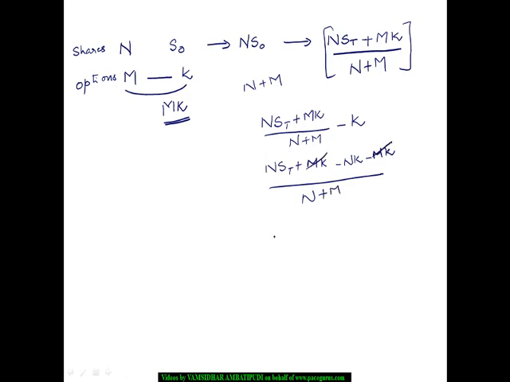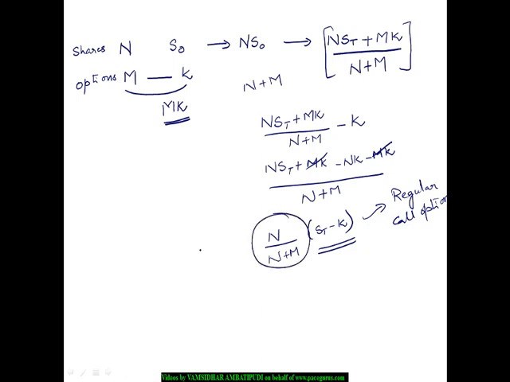So it comes out as N by (N plus M) times (ST minus K). If you remember, ST minus K is the payoff of the regular call option. So what we are saying is, the price of the employee stock option or the warrant is N by (N plus M) times the price of a regular call option on that stock which is available on the market.